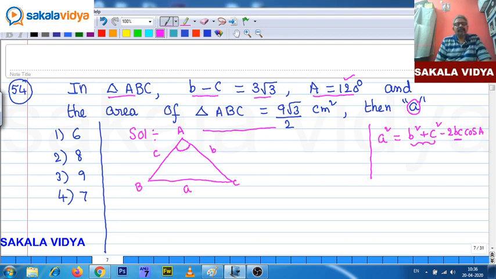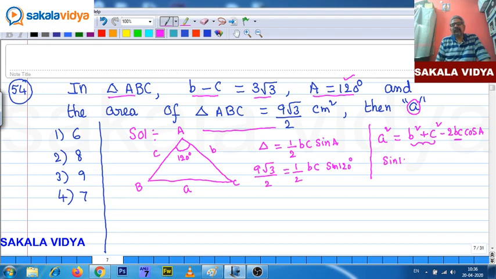Included angle of b and c is given, that is 120 degrees. Now the area of the triangle delta we can write like this: 1 by 2 bc sine A, because the included sides of this angle are b and c. Delta is given as 9 root 3 by 2, equals 1 by 2 times bc sine 120. What is the value of sine 120?